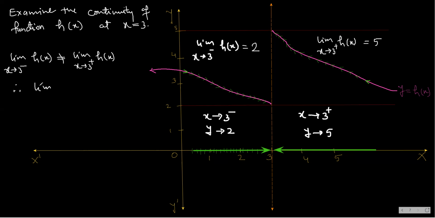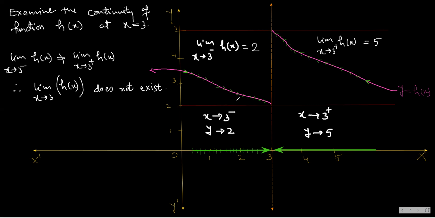Therefore, limit of h of x as x tends to 3 does not exist. Remember, the limit of h of x as x tends to 3 does not exist.